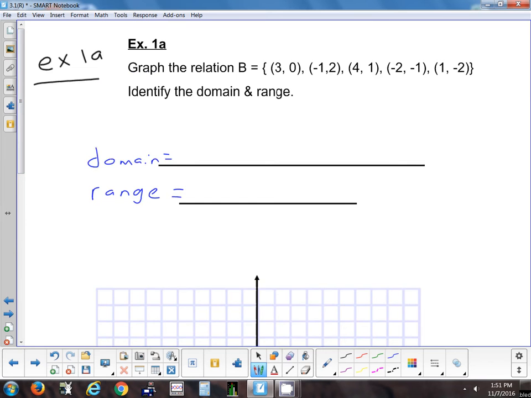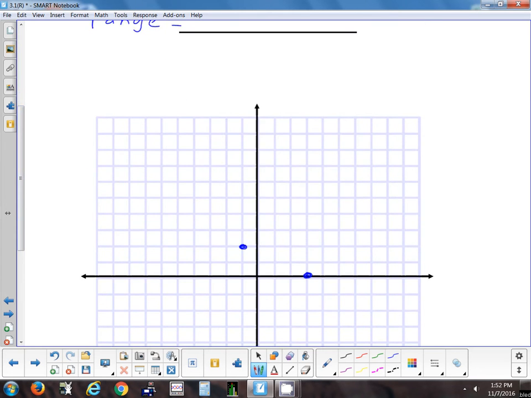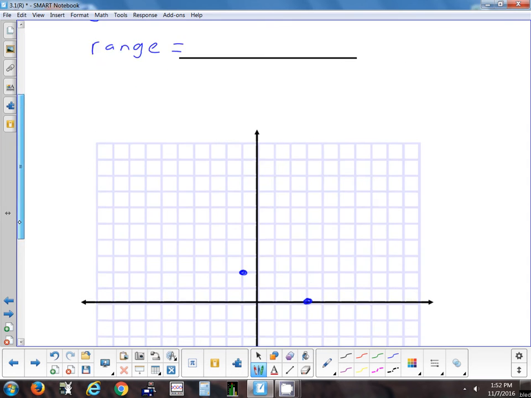Ashley? Go to the left one, up two. Left 1, up 2. That's good. How about 4, 1? Can someone else tell me how I graph the point 4, 1? Nini? You went to the four, and up one. What comes first? Four. Which way? To the right. So right 4, up 1.